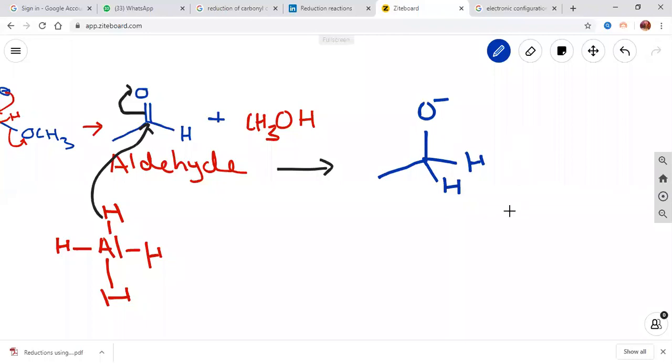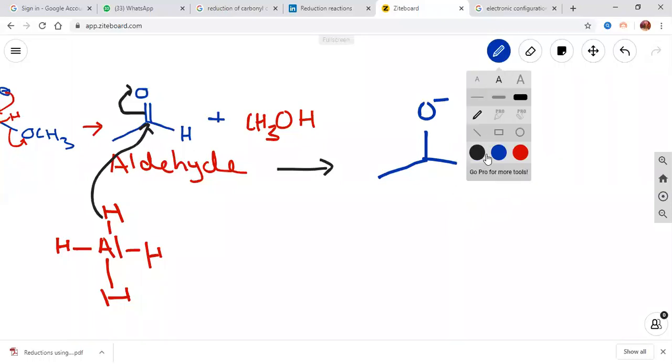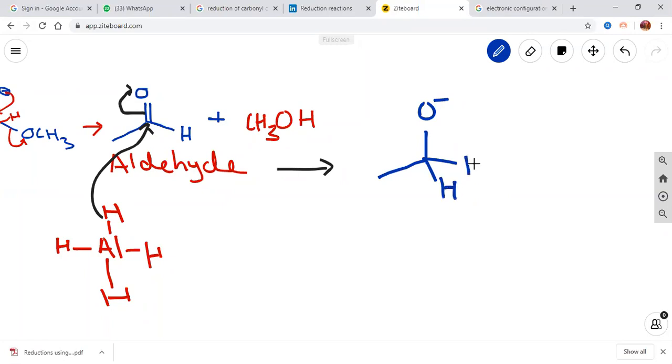So what happens? There is no leaving group, so this negative charge cannot come back for the double bond formation.